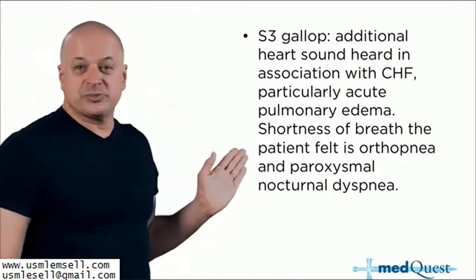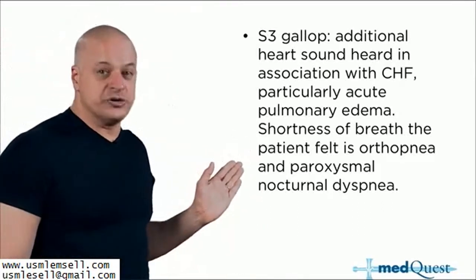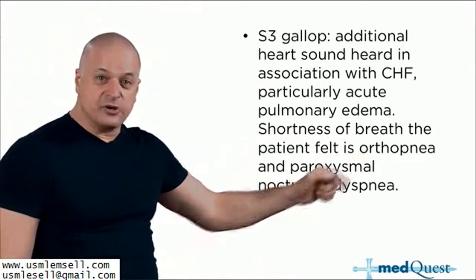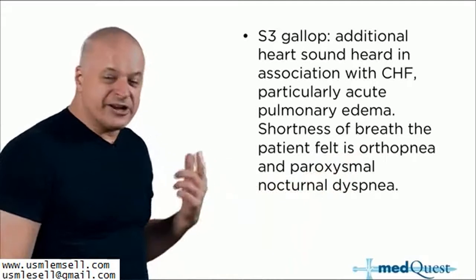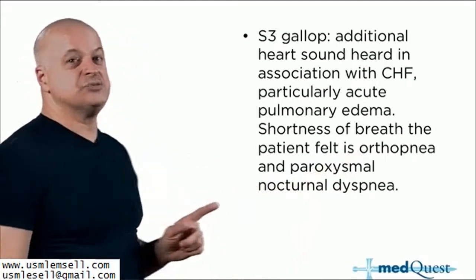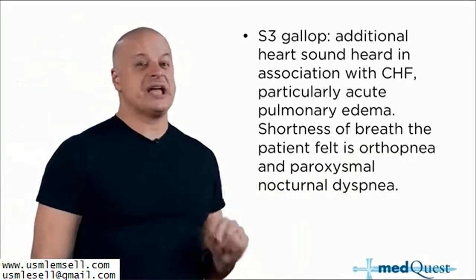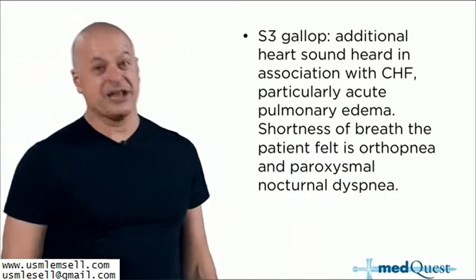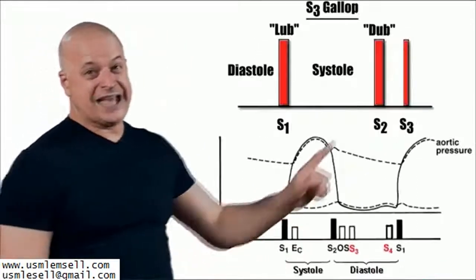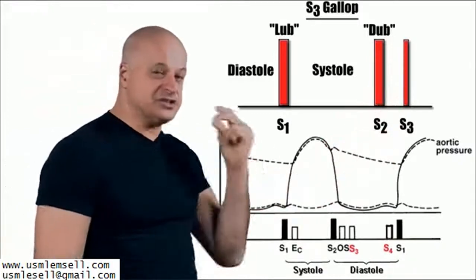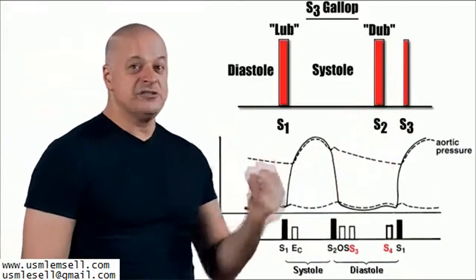There's shortness of breath because you're overloaded. Orthopnea, because when you lie flat, your lungs get filled with fluid. And paroxysmal nocturnal dyspnea is because at night, you're lying asleep and you wake up gasping for air. The S3 gallop is rapid ventricular filling, a sign of congestive heart failure.